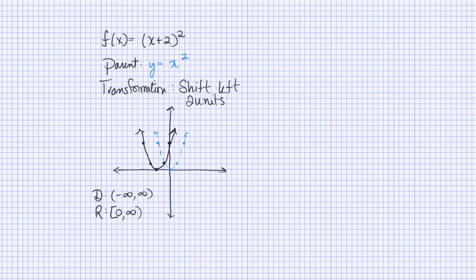Now, what if I had instead f of x equals the quantity x minus 3 squared? Again, I have the same parent function, and let's do this one in purple. Same parent function, except now the transformation is going to be to shift, is it left or right? I need a positive 3 to make 0, so right 3 units.